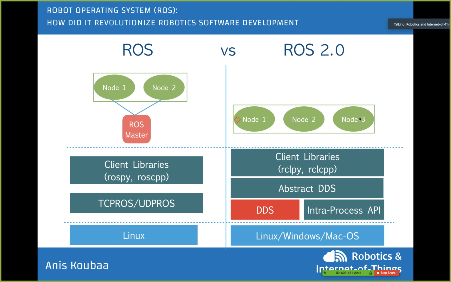So the processes will be standalone. They don't have to be registered with a central node that is the roscore or the ROS master. And for this, they have used the standard Data Distribution Service, DDS, for the communication between the different nodes.